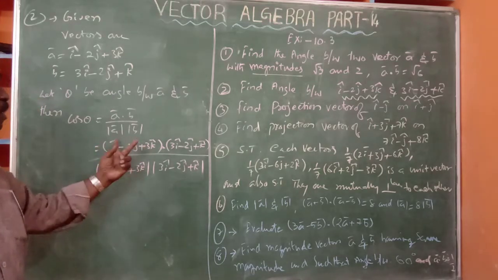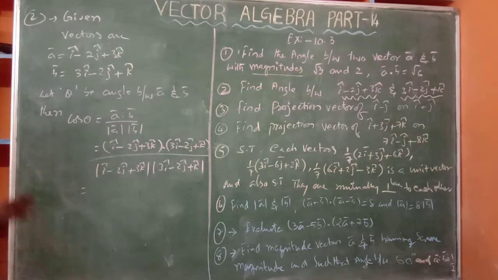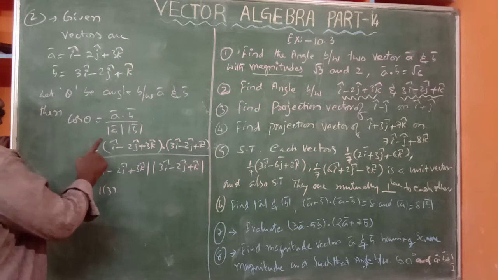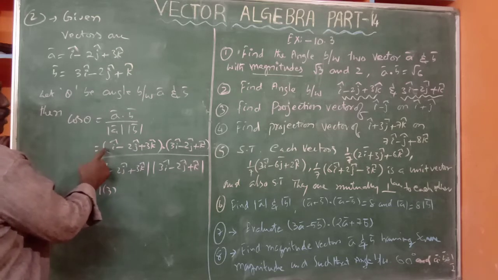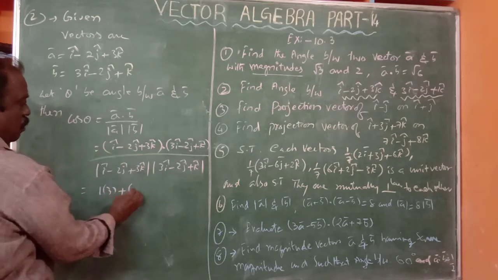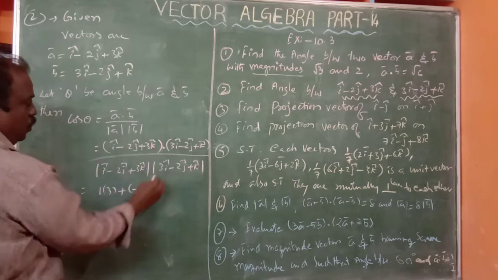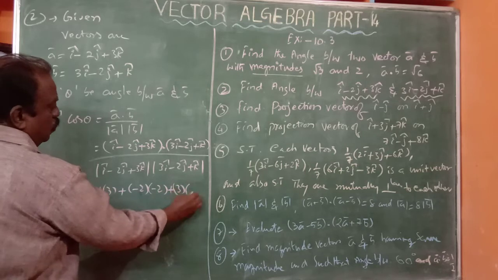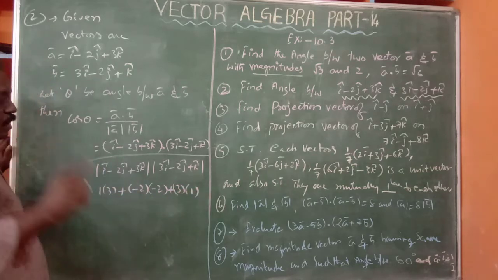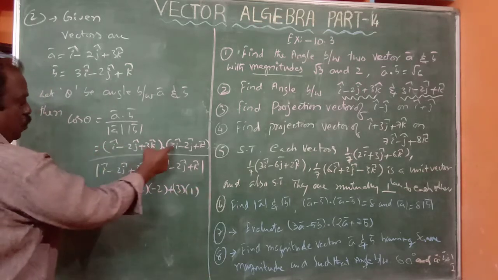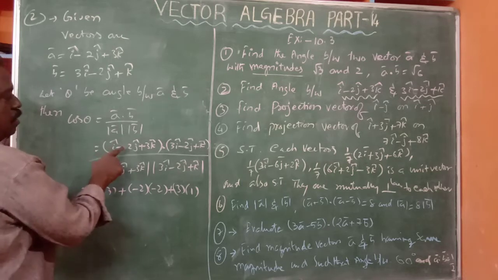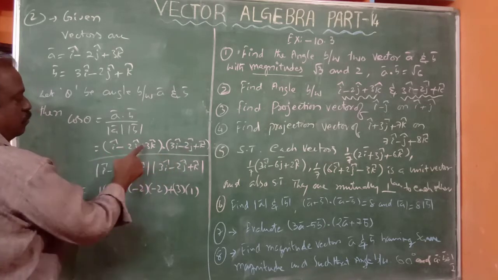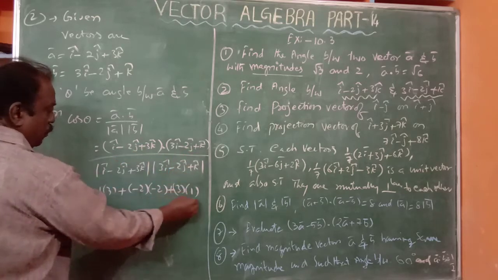The dot product of two component vectors is nothing but the product of the corresponding components. Here the i coefficient gives 1 into 3, plus the j coefficient, which is minus 2 into minus 2, plus 3 into 1.